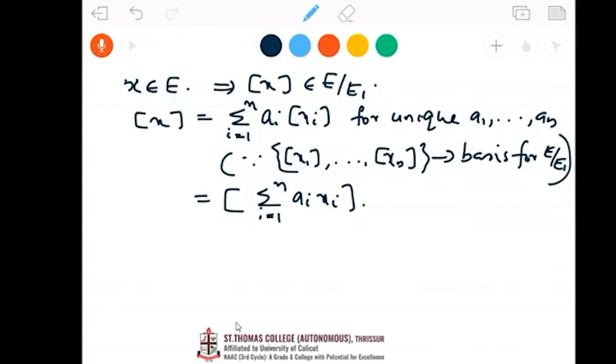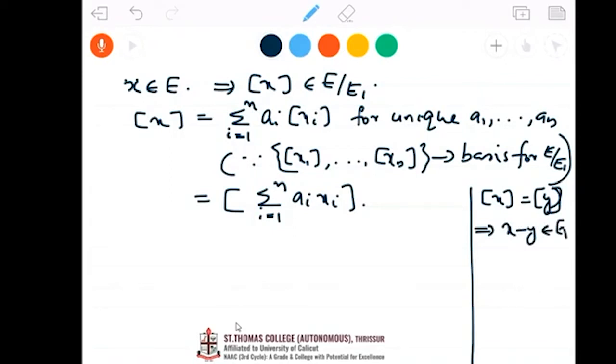So, remember this. If class x equal to class y, then x minus y is an element of E1. So, these two classes are equal. Therefore, we can say that x minus summation i equal to 1 to n aixi is an element of E1. I will call this y.